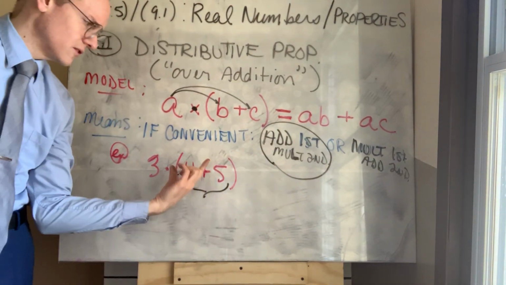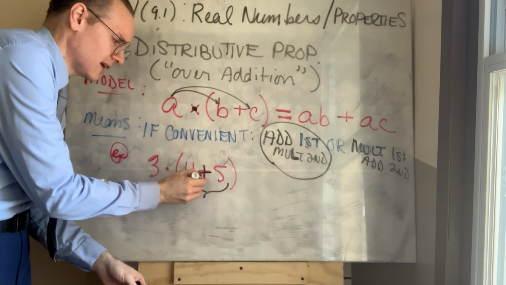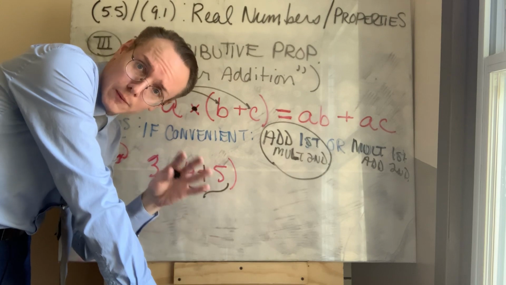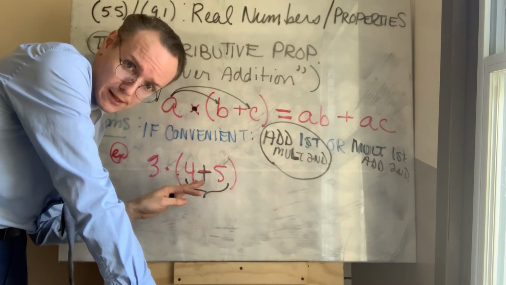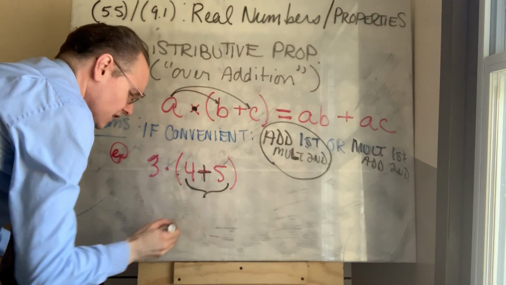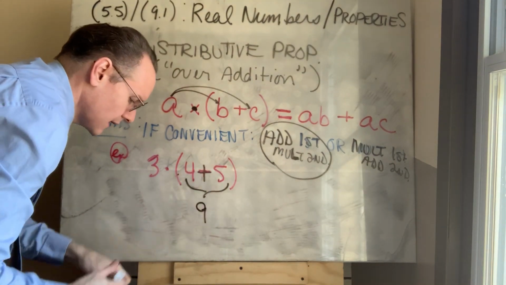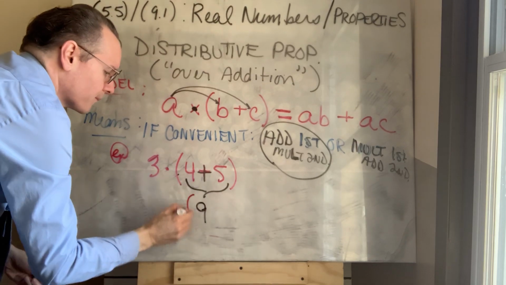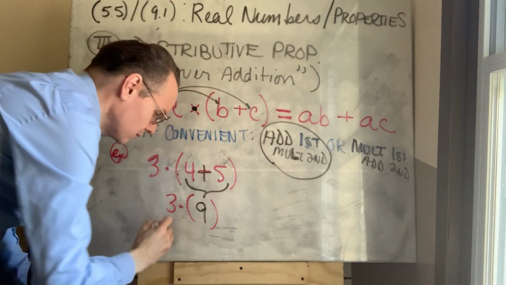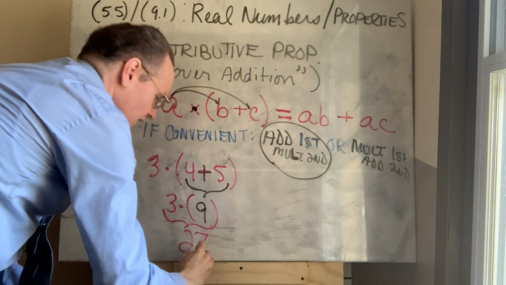That is, fixating on the contents of the parentheses and going, oh, okay, if I were following the order of operations rigidly, I really would do that anyhow. 4 plus 5 is 9. And then it's just a matter of multiplying 3 times 9 as an afterthought, in which case you would get 27.